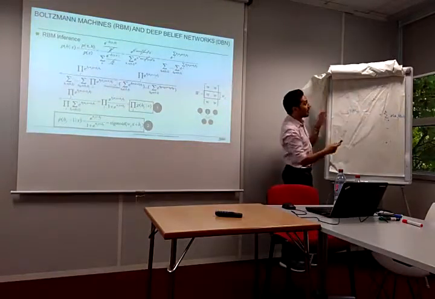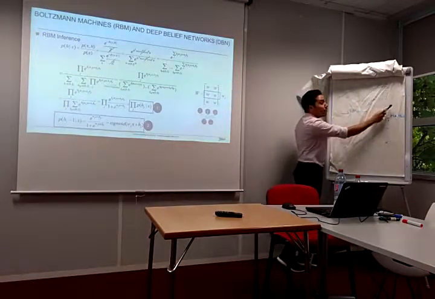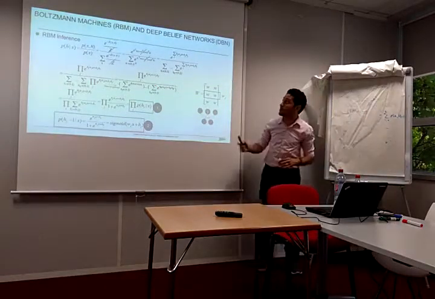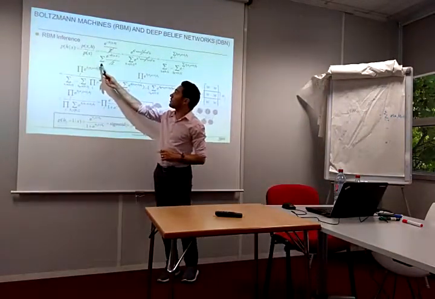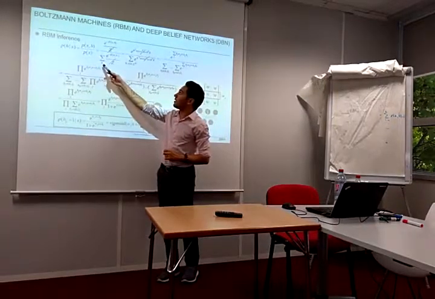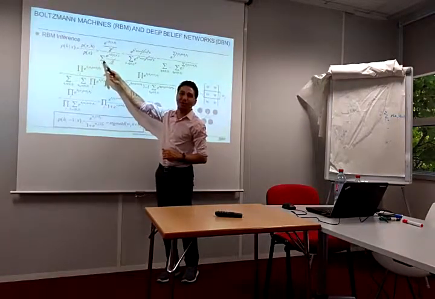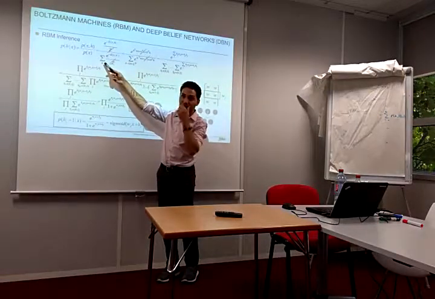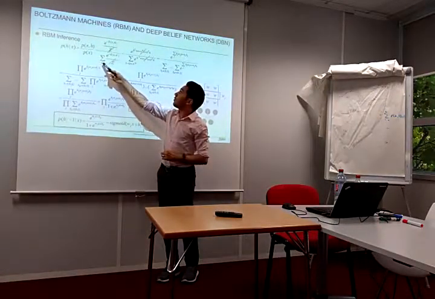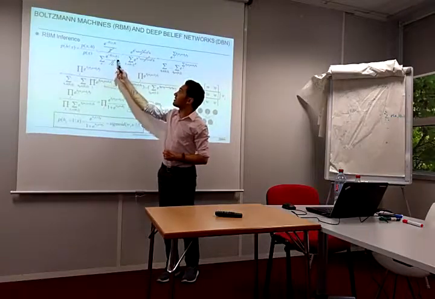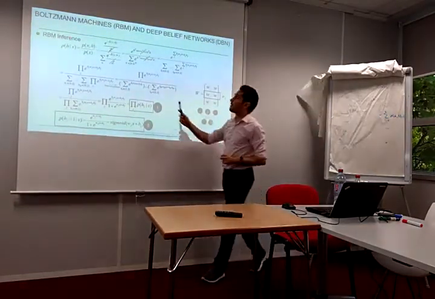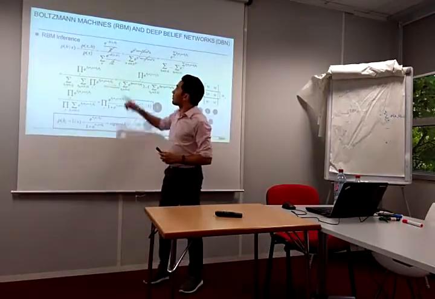P of X, you should do total probability over the other variable. Okay, so here is the summation over H, but here we should write I or J or K. This is why we say H dash. Okay? And we write P of X and H here. Okay? Good.